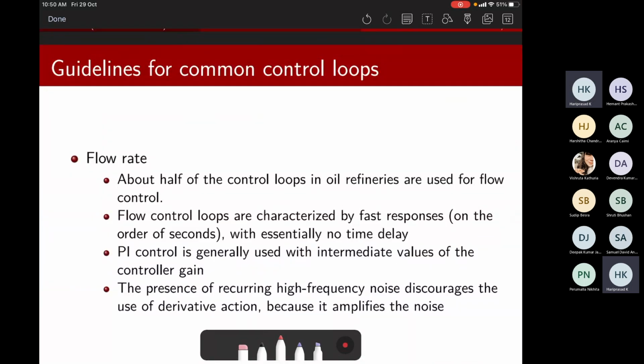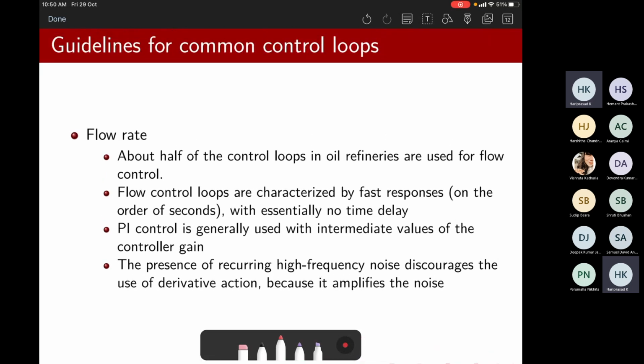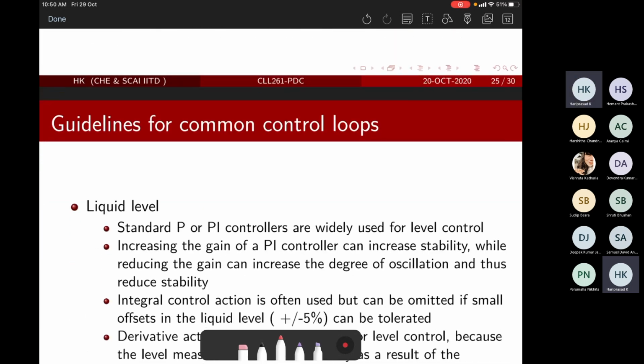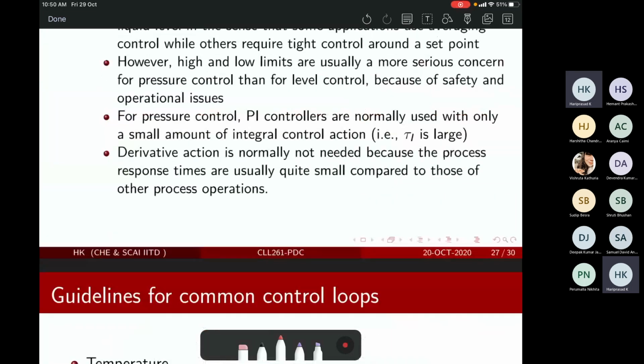Okay, now in some 4 or 5 slides, I would just summarize some of the industrial practice for the design of common control loops. What do common control loops mean? It can be flow, temperature, pressure, concentration. I think we have flow, level, pressure, temperature, and composition.